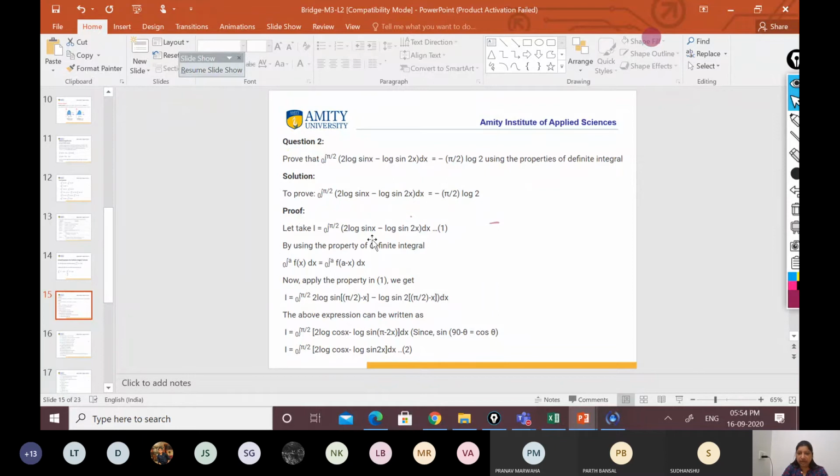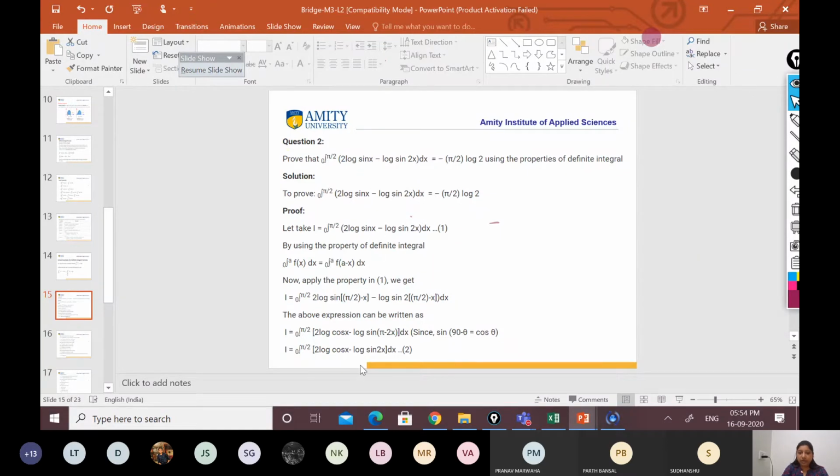We just replace x by pi by 2 minus x. So we simplify it, and now it becomes the integral from 0 to pi by 2 of log cos x minus log sine 2x dx. So the first equation is in terms of sine, and the second equation is in terms of cos. So we will simply add equations 1 and 2.